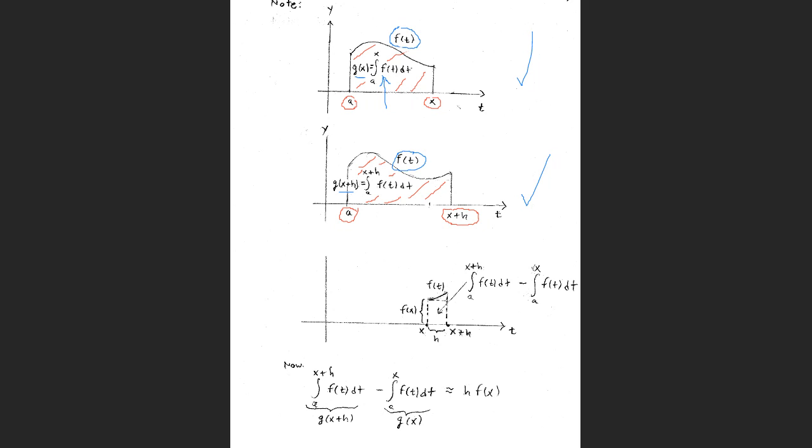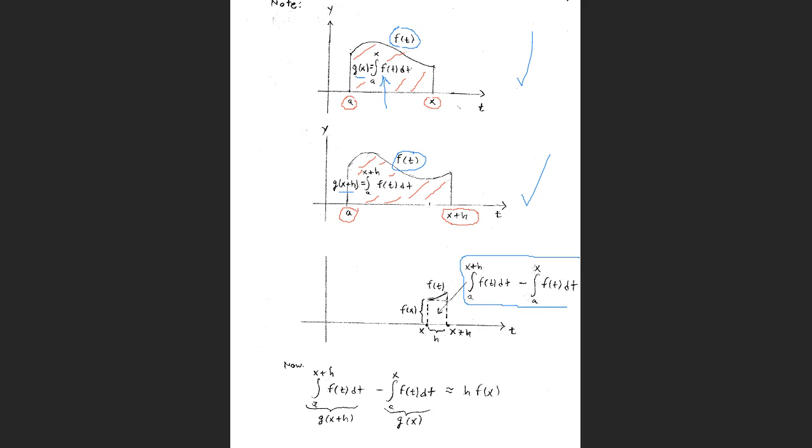Okay, now what I have here in the third picture is, what I'm doing is I'm looking at the difference of these two integrals. Okay, the difference of these two definite integrals, these two areas.